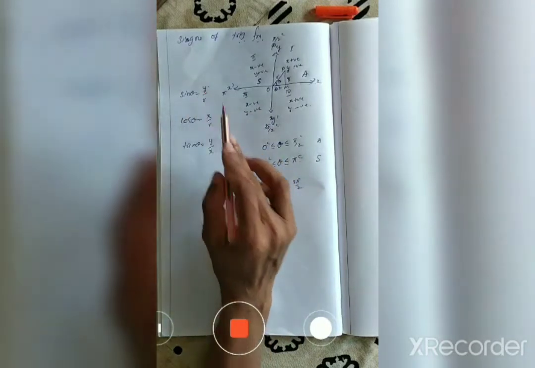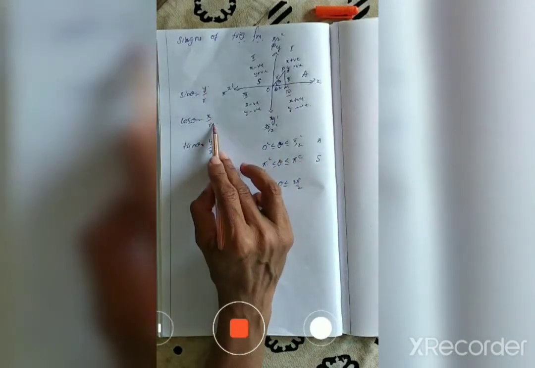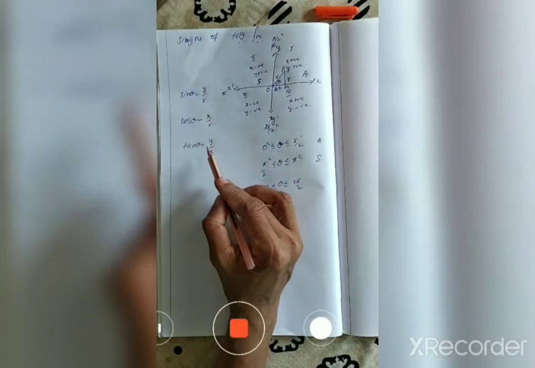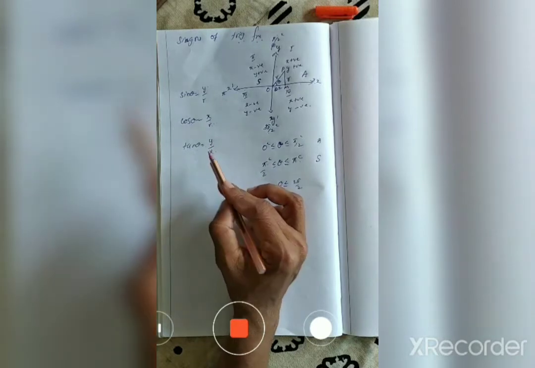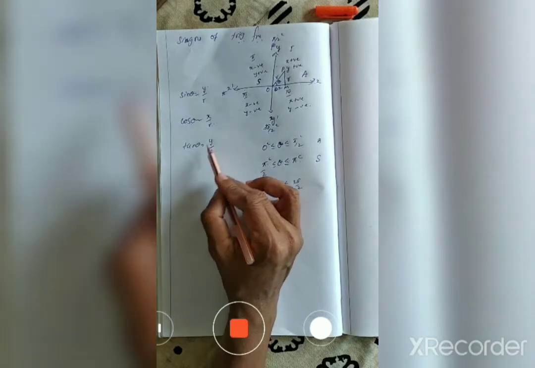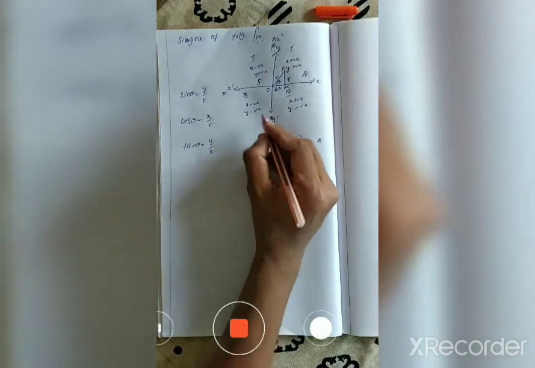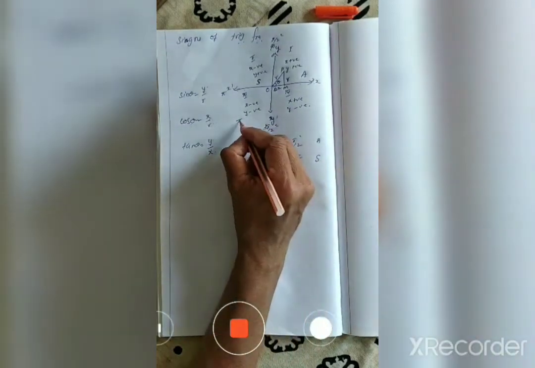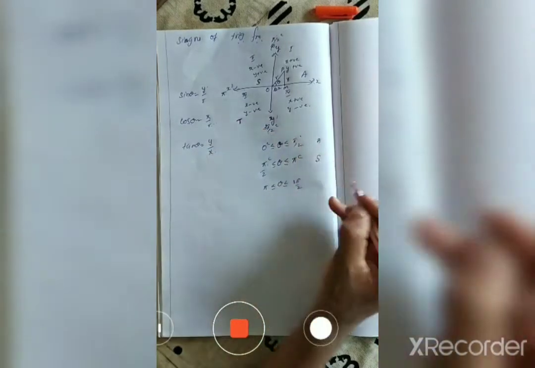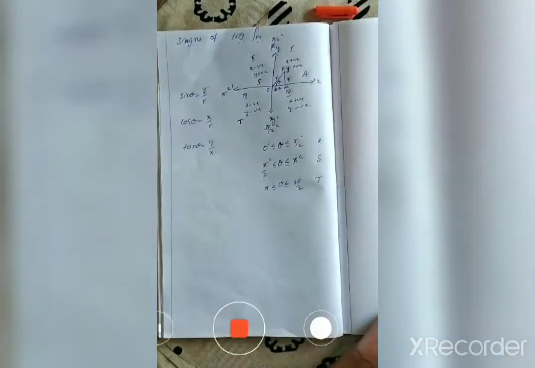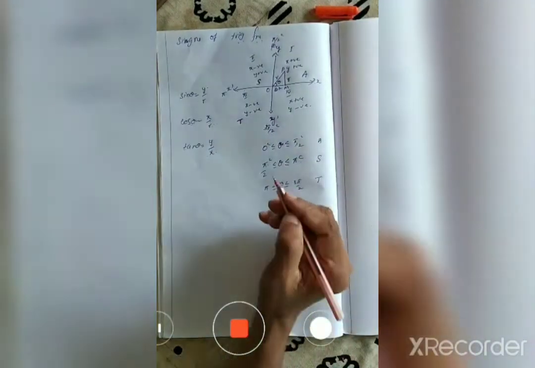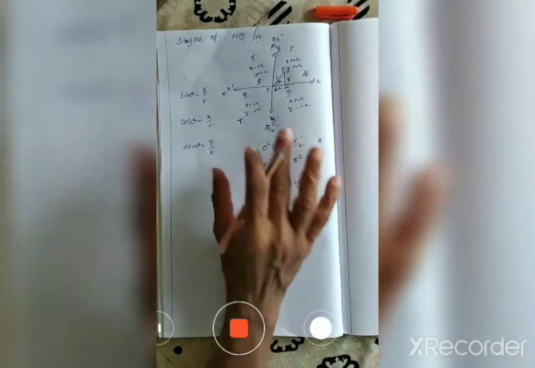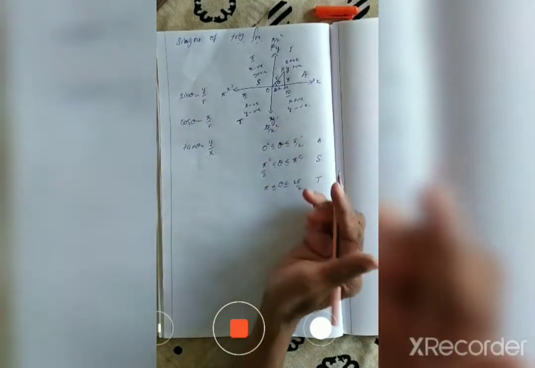So sine negative, cos negative. Both sine and cos are negative. So a negative quantity divided by a negative quantity, so that tan becomes positive. So here tan and its reciprocal function cot are positive, rest all negative.